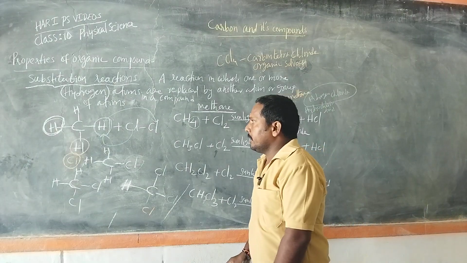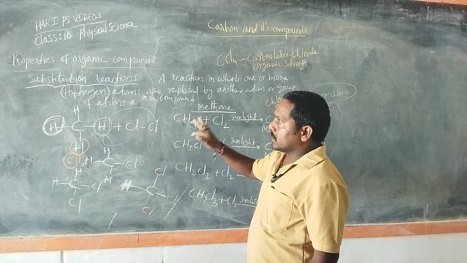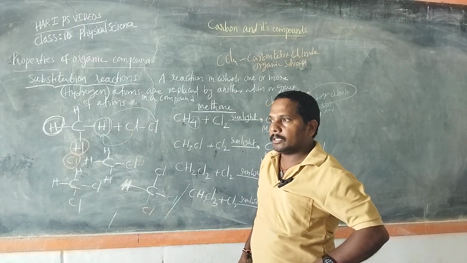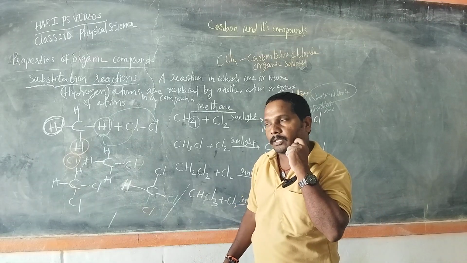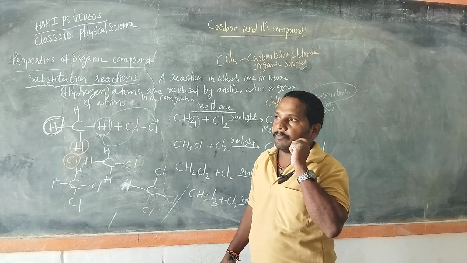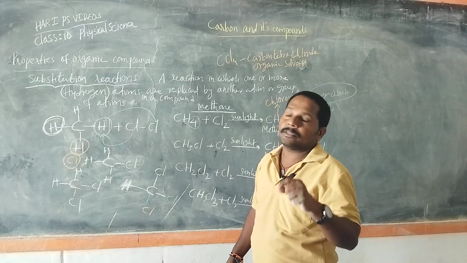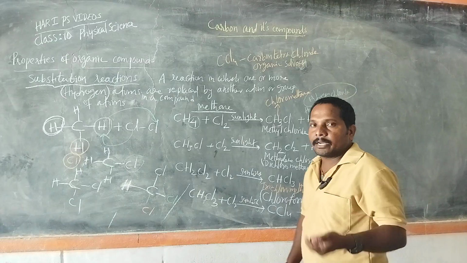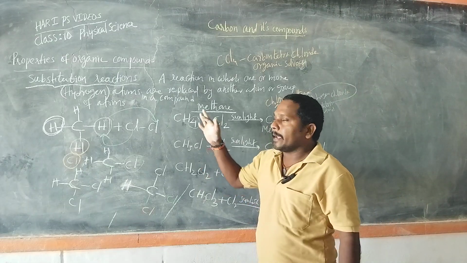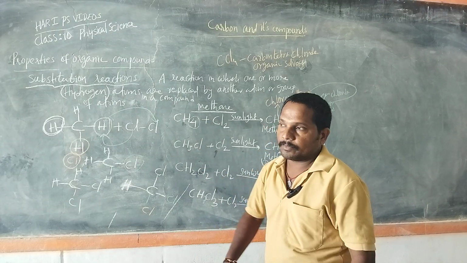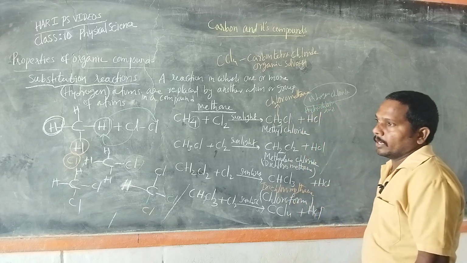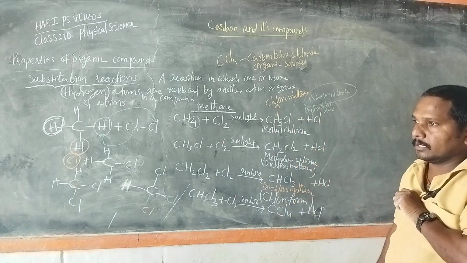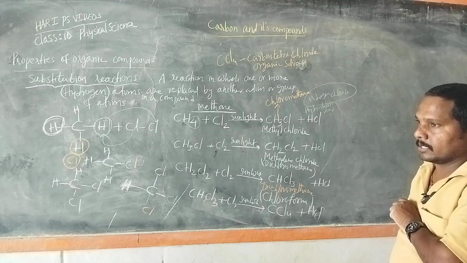Right? So mostly saturated hydrocarbons like alkanes do not react with others because of strong single bonds between carbon and carbon atoms. So instead, hydrogen is replaced by another atom or group of atoms.